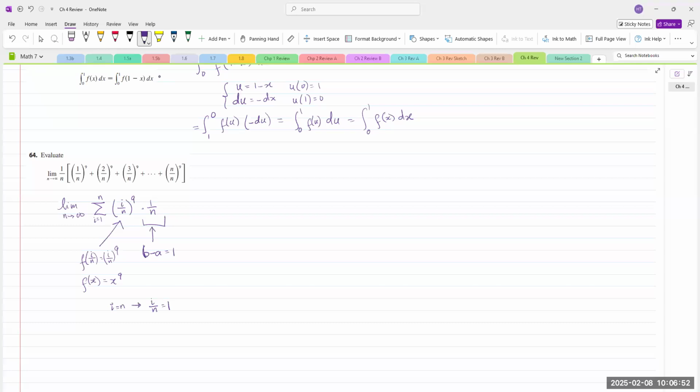So that's the endpoint. So this equals the integral, where the endpoint is 1, of x to the 9 dx. Now the length of the interval is 1. If b equals 1, then a must be 0. Oh, okay, this is 1 over 10.